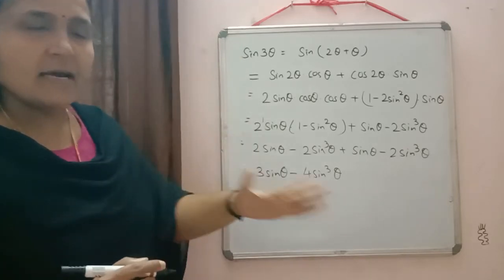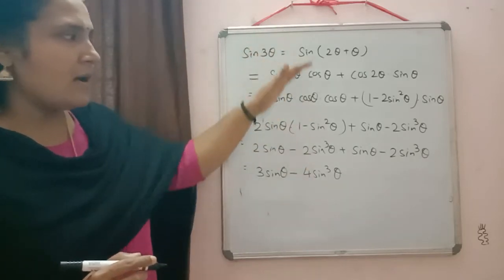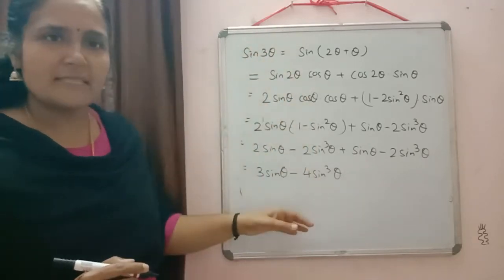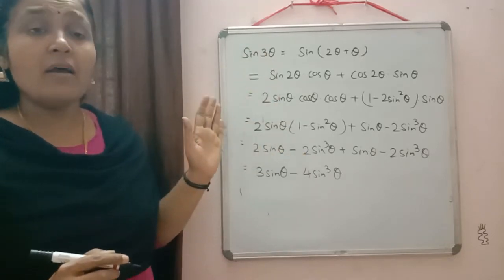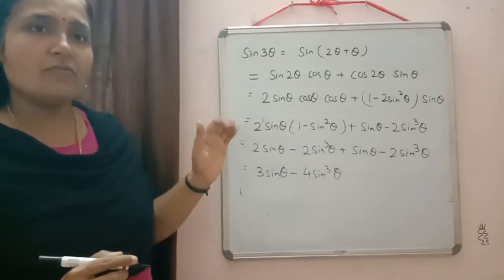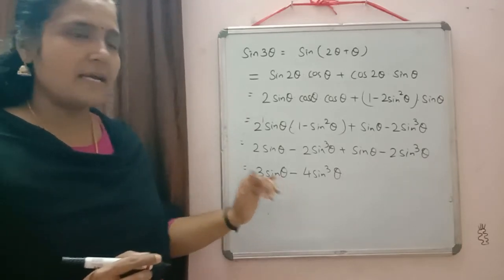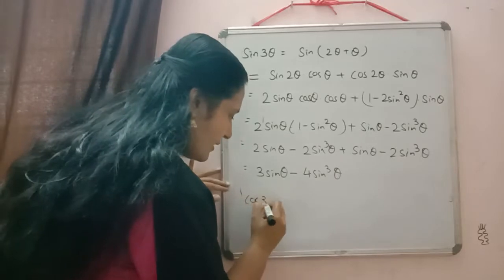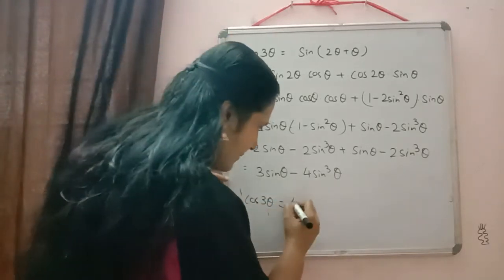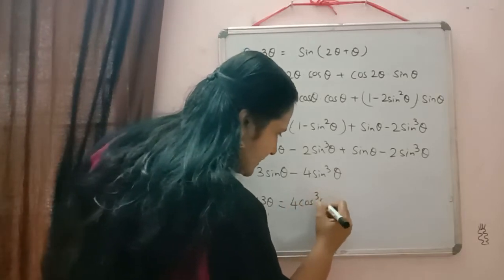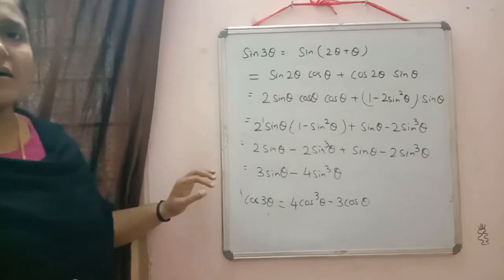For cos 3 theta I already gave you the whole solution. Once again you can check how we derived the formula for sin 3 theta. In the same way we can derive the formula for cos 3 theta also. After derivation we will get cos 3 theta is equal to 4 cos cube theta minus 3 cos theta.